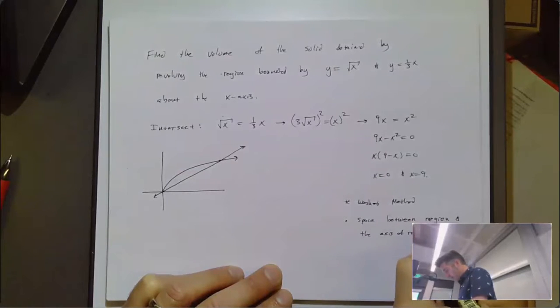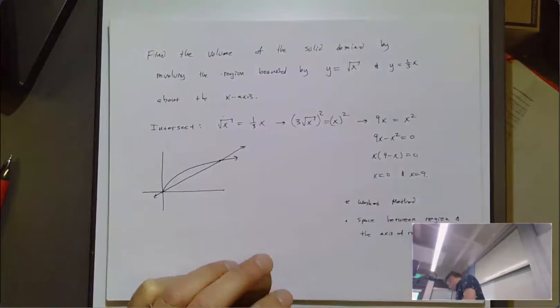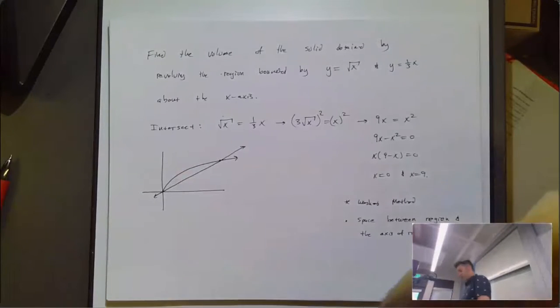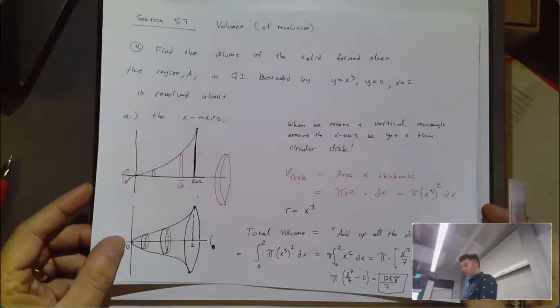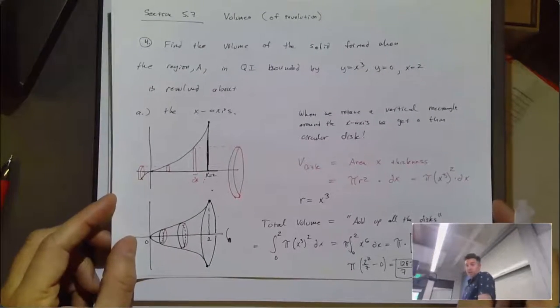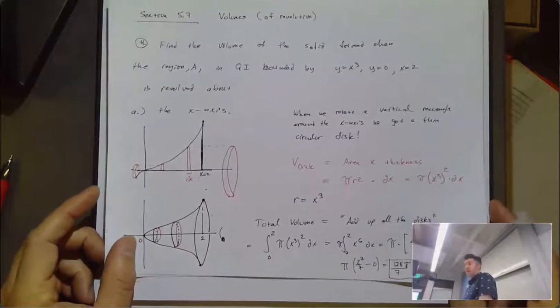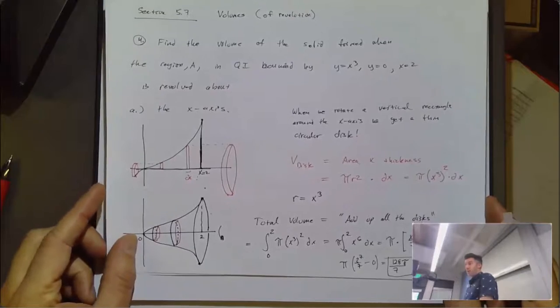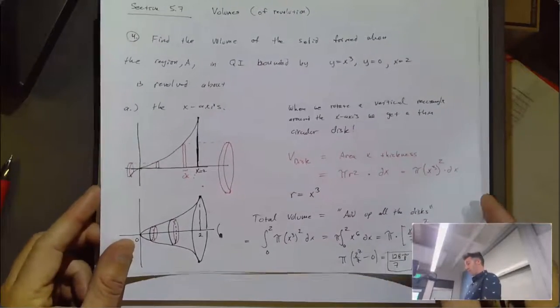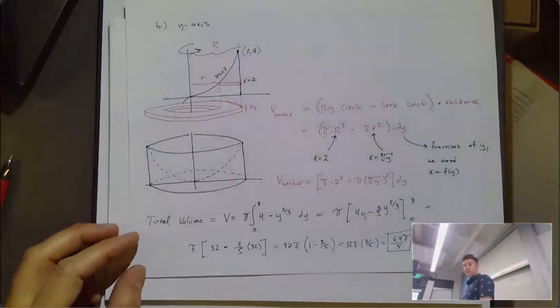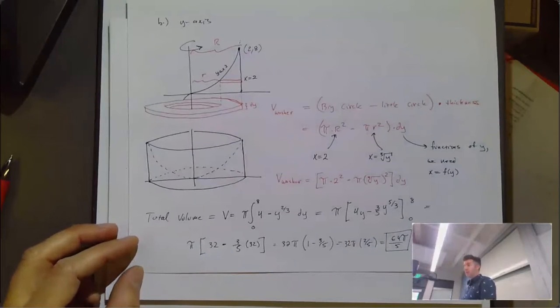That's why in the previous two problems, for the first problem when we revolved around the x-axis, we didn't need the washer method because there wasn't any space between the axis of rotation and the region. Whereas when we revolved it around the y-axis, we did need the washer method because there was space between the axis of rotation and the region.